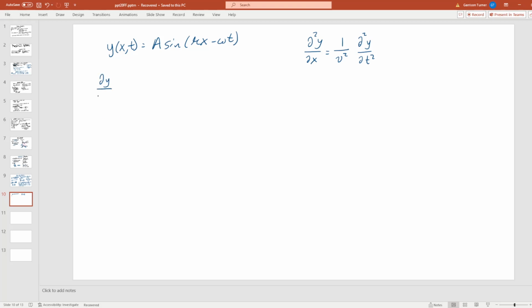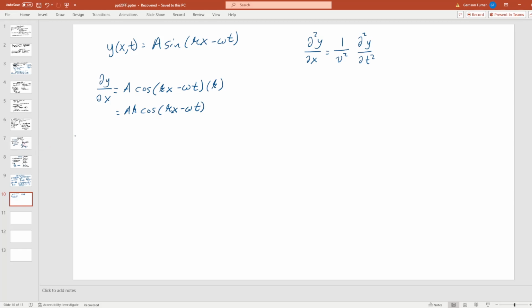So dy/dx: I take the derivative with respect to x and hold everything else constant. This becomes cosine of kx minus omega t times k, because the derivative of kx minus omega t with respect to x is k, since omega t is constant and its derivative is 0. So this equals a k cosine(kx minus omega t).